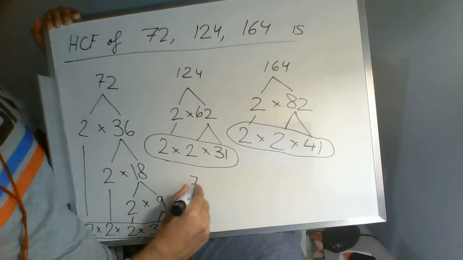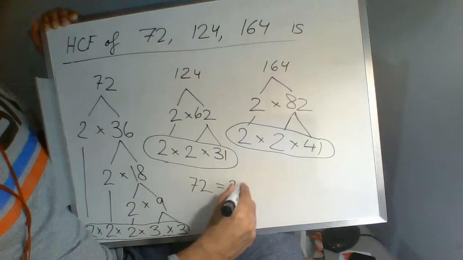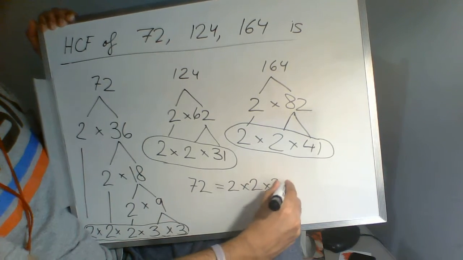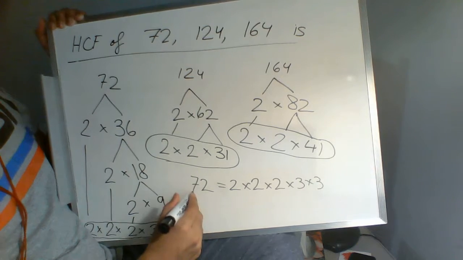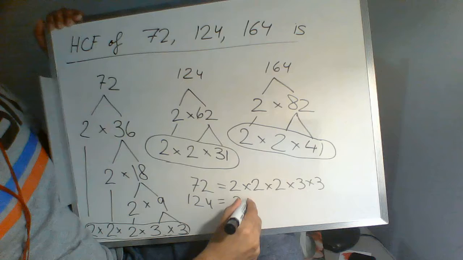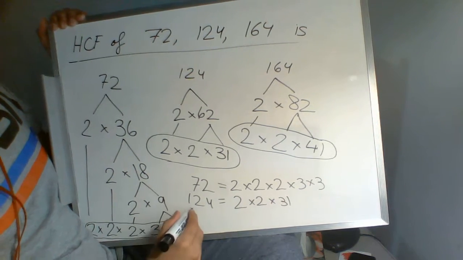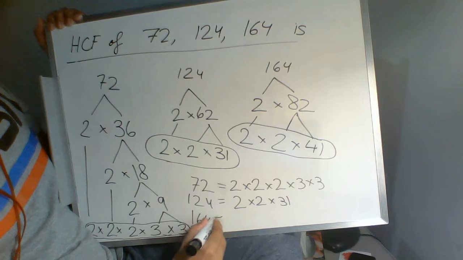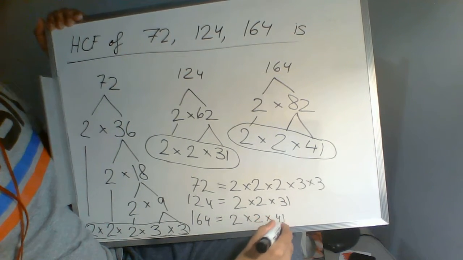So, if we want to list all of those, we get 72 equals 2 times 2 times 2 times 3 times 3, right? 124 is equal to 2 times 2 times 31, and 164 is equal to 2 times 2 times 41.